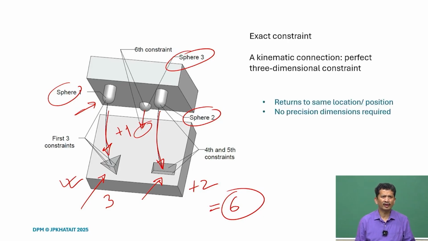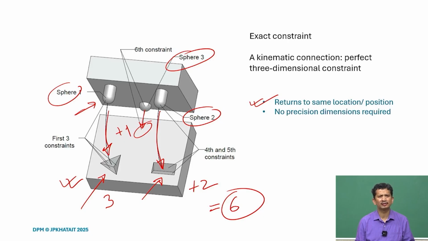So, if it is defined precisely and exactly constrained, what we also realize is that it always returns to the same location. The location of the object, in this case the top plate with respect to the bottom, is always defined.